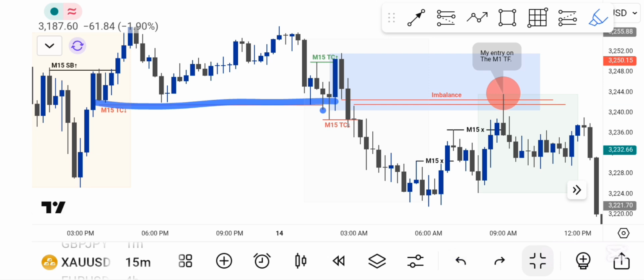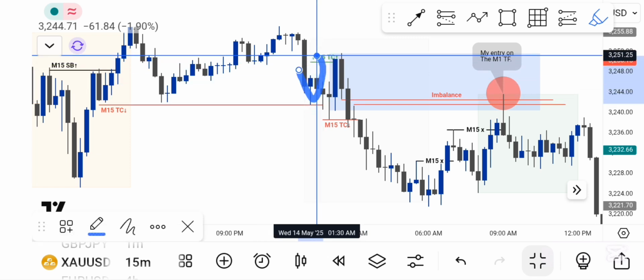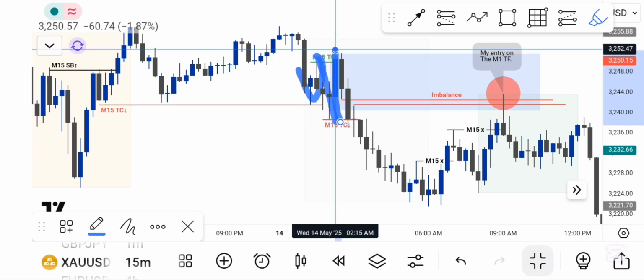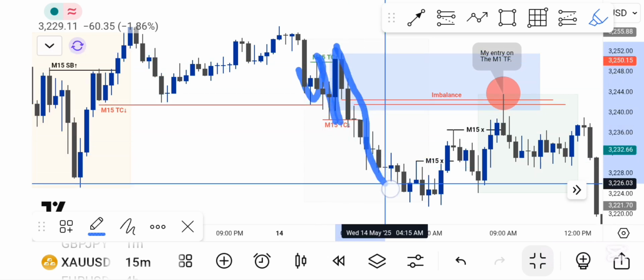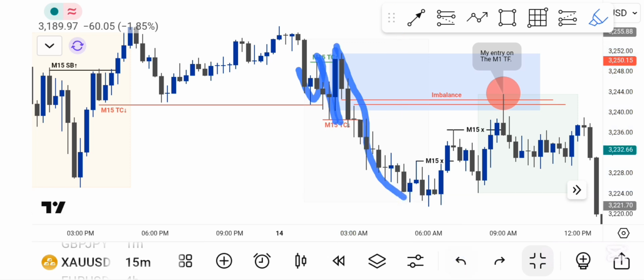After that, what I then saw was this small shift which made price go bullish. Then later price pushed back, turning it bullish, then pushed down lower, making price turn bearish. You get what I'm saying?